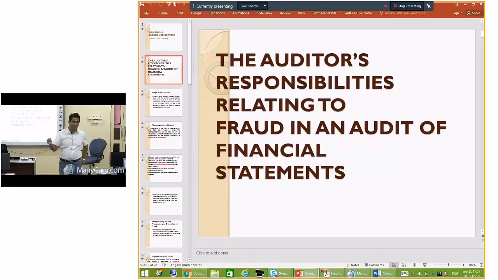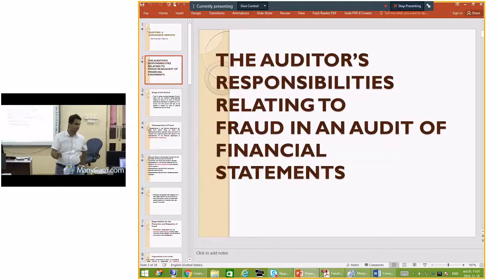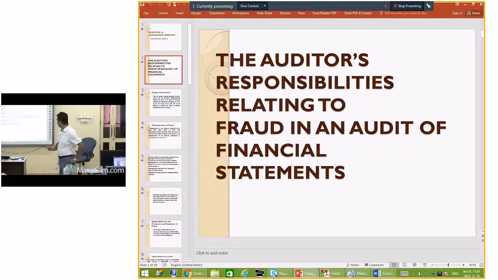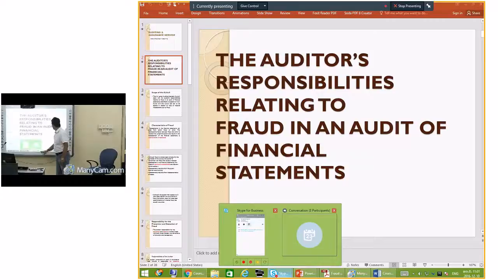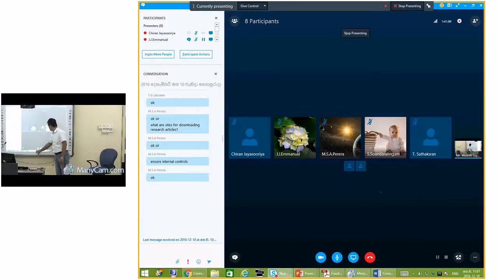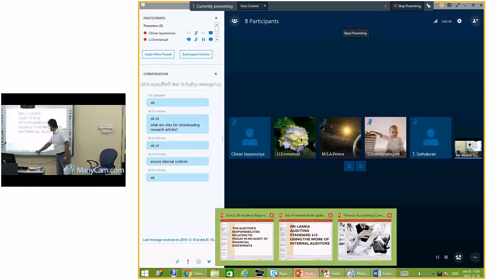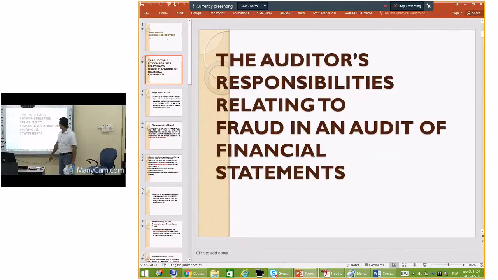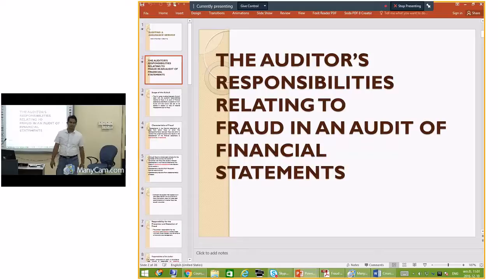They can't just say there is a fraud. If there is a fraud, you want to give the evidence to the court of law. You want to support the attorneys by giving the evidences.